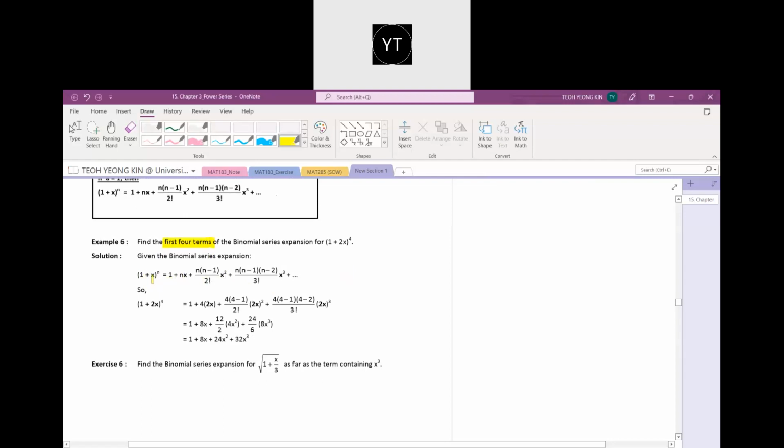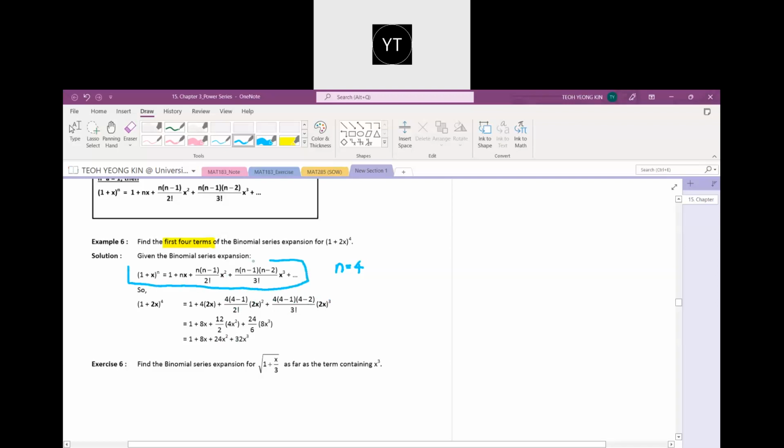In this case, x changes to 2x, so it means 1 plus 4, where our n is 4, times 2x. Plus this one, substituting n is 4: 4 times (4 minus 1) over 2 factorial, with x changed to 2x. Same for 4, 4 minus 1, 4 minus 2, with x cubed changed to (2x) cubed, and then we simplify.